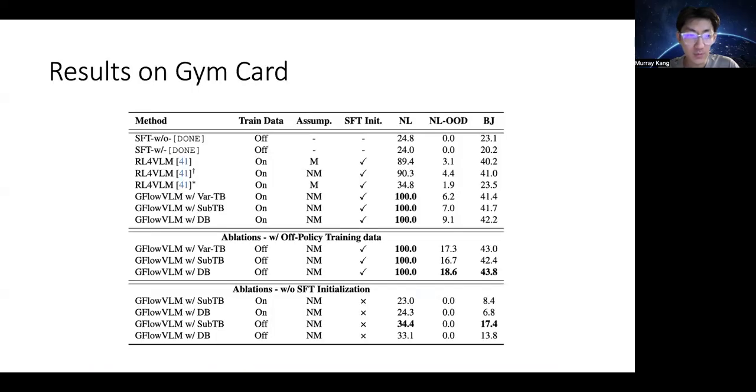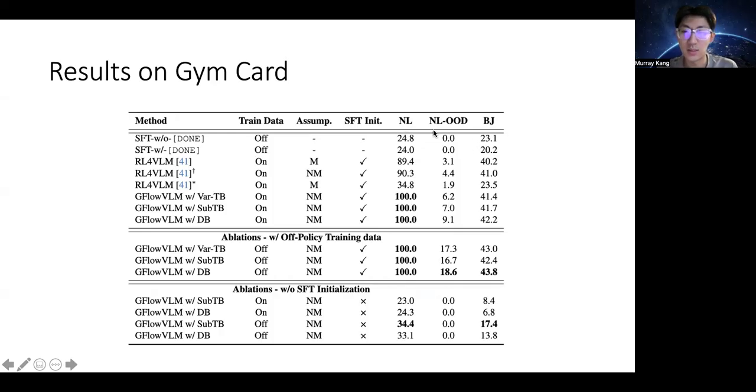And here's our result on the card games. We compare with RL for VLM, a PPO paper on the same dataset with the same model. We use LLaVA as our base model. We can see from the NumberLine, we perform better than them.